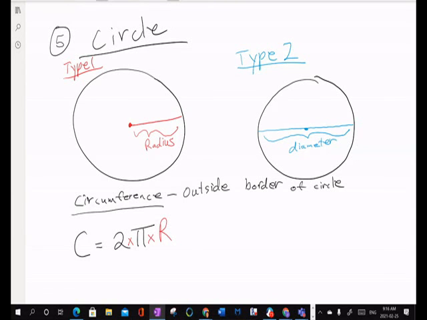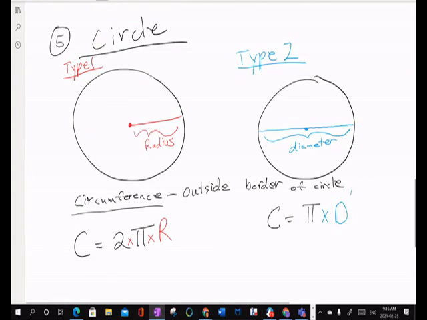And then for our second equation, if we had a circle that looks like type 2, the equation of our circle is C is equal to pi times d.